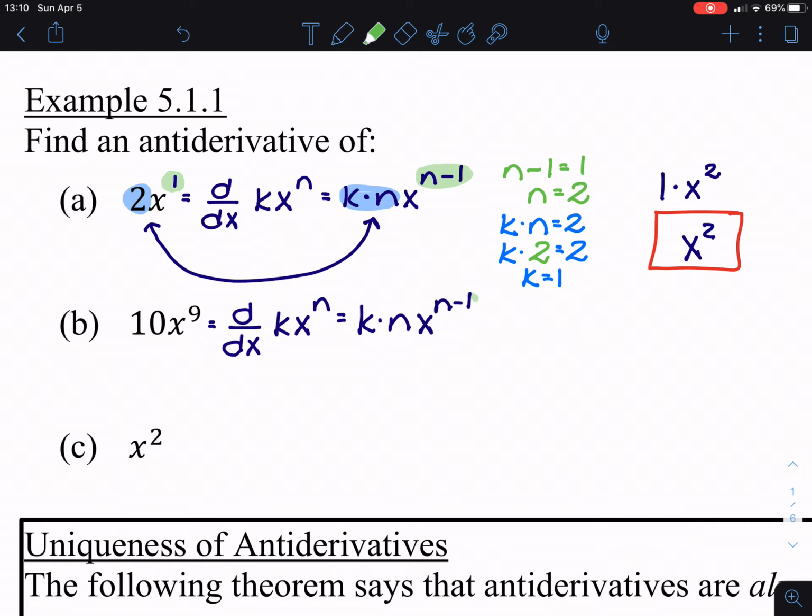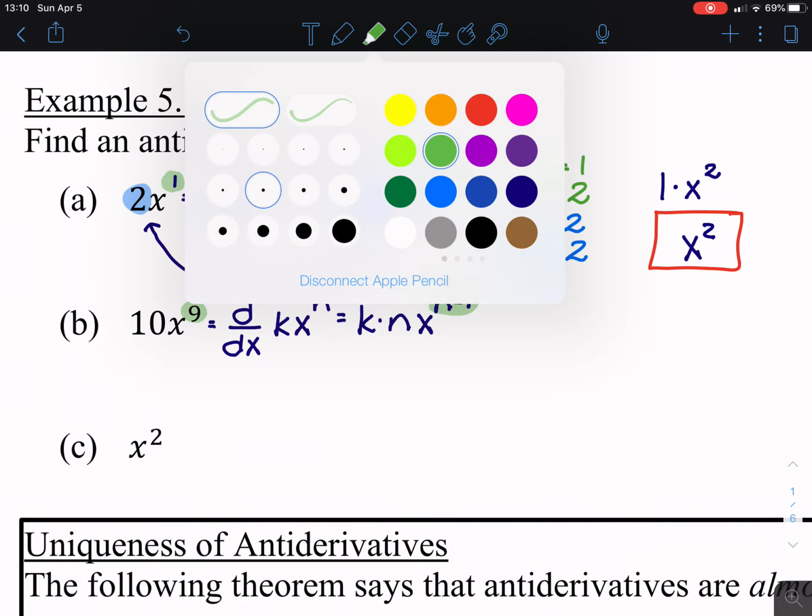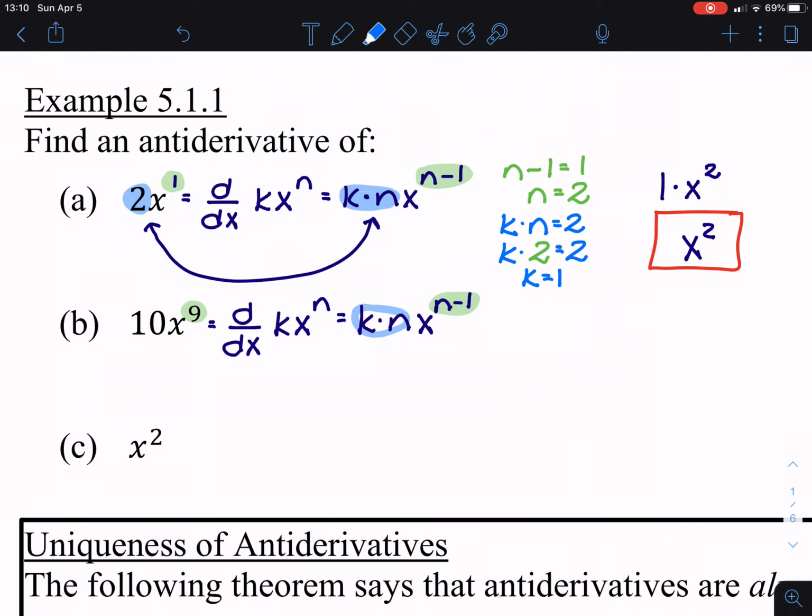I know that n minus 1 has to equal 9, and I also know that k times n has to equal 10. Just like in the first example, first find out what n is. n minus 1 is equal to 9, which tells me that n is equal to 10. So I know my exponent is 10.